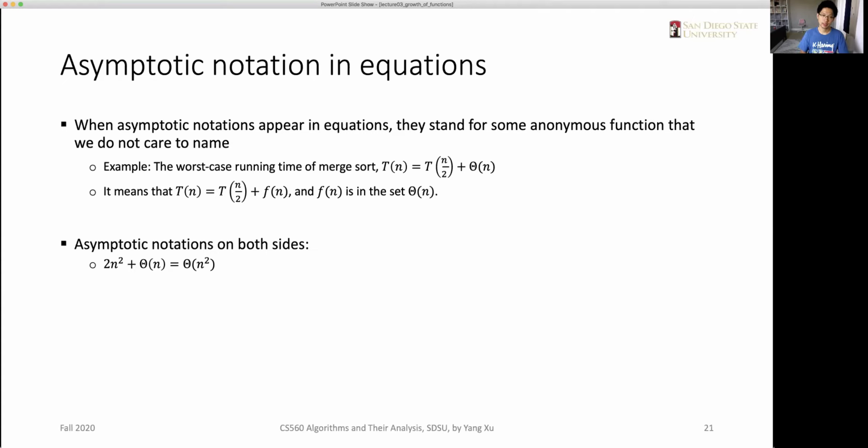For example, we say that 2 times n squared plus big theta of n has the same running time, or is equivalent to, big theta of n squared, because 2 times n squared is a higher order term compared to a linear function.